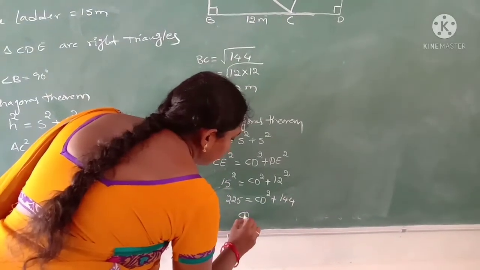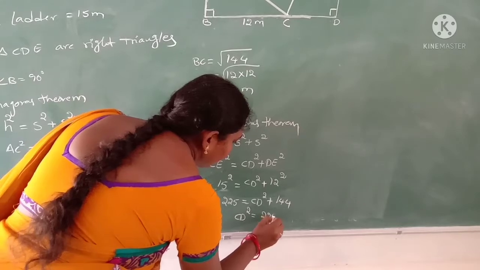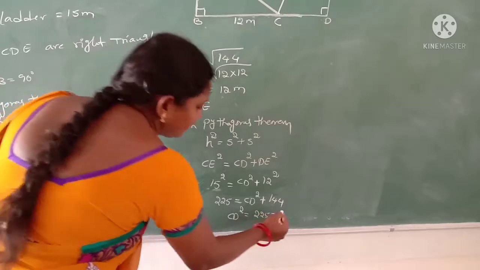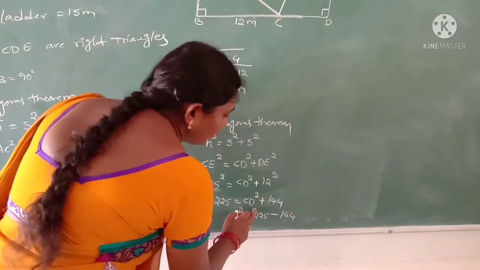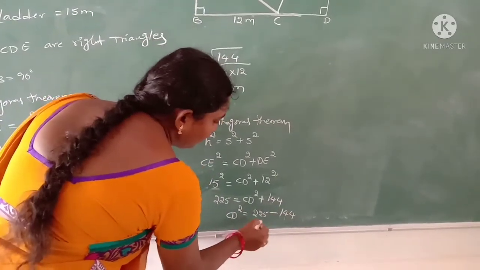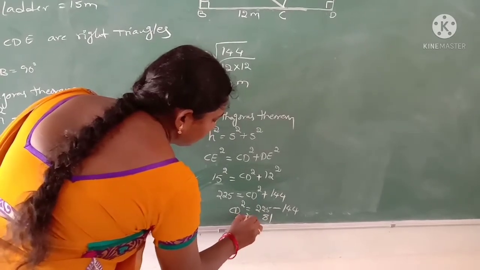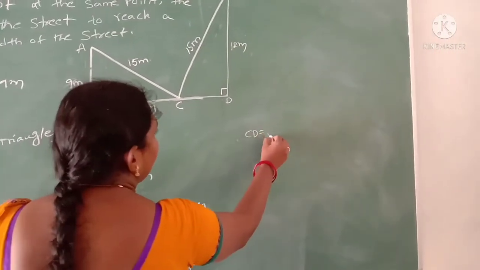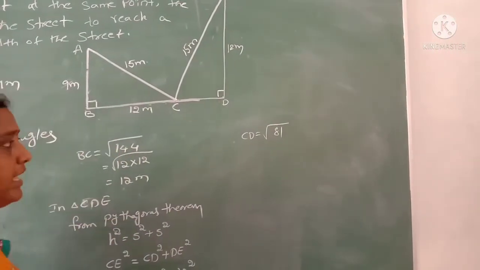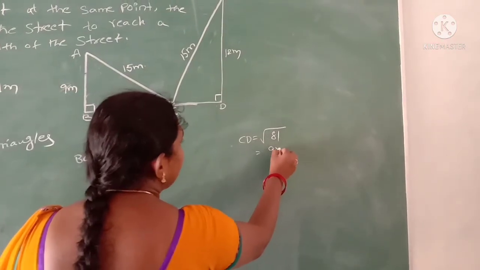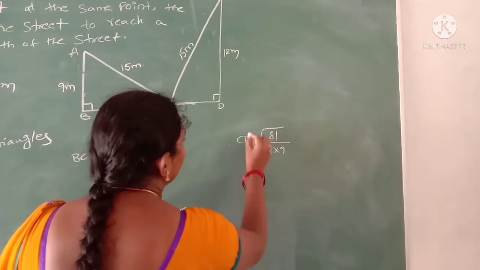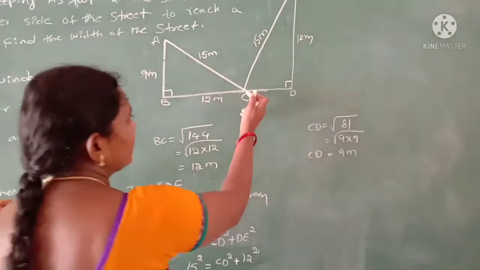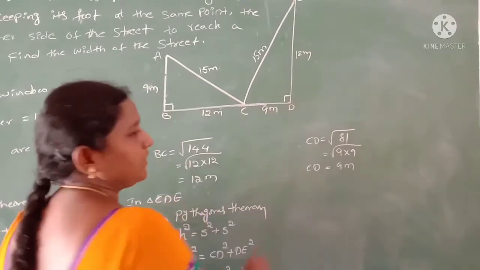So CD square equals 225 minus 144, moving 144 to the left side. So 225 minus 144 is 81. CD square equals 81. CD equals root 81. Root 81 is 9 into 9, that equals 9 meters. So we found the CD value, 9 meters.